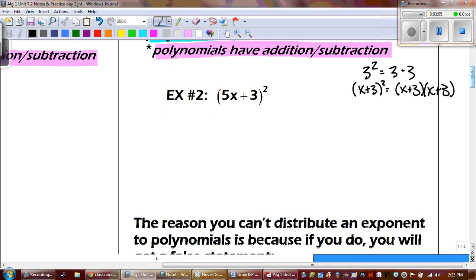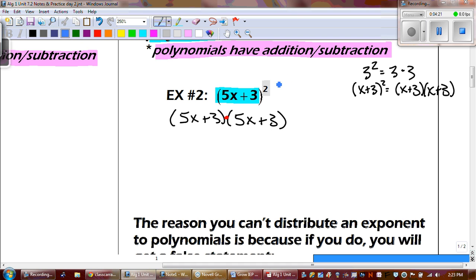Okay? So in example 2, it means that I have 2 of the base. So this is really saying 5x plus 3 times 5x plus 3. Okay, and in between those two, it's multiplication. And this is what we were doing yesterday.